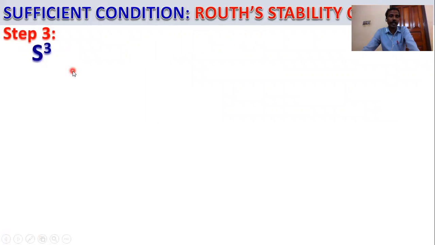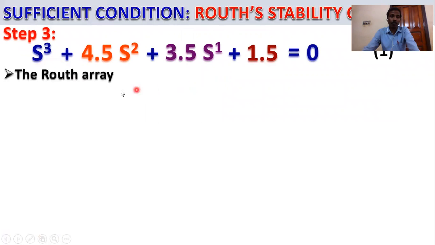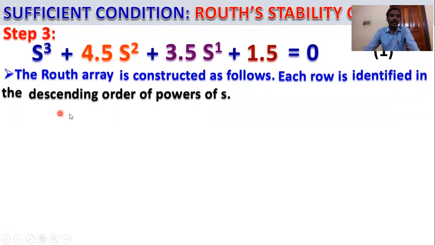This is step number 3, and the polynomial characteristic equation is s cube plus 4.5 s square plus 3.5 s plus 1.5. This is equation number 1. The Routh array is constructed as follows. Each row is identified in the descending order of power of s.